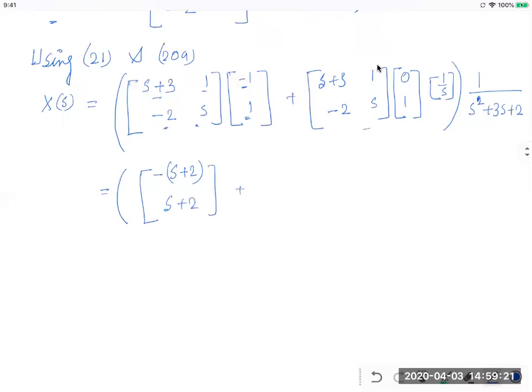For this section, this into 0, this, so it is 1, and the second element is 1 by s multiplied by 1 by s, and the whole thing is divided by s square plus 3s plus 2.